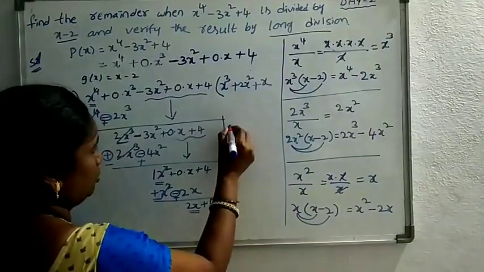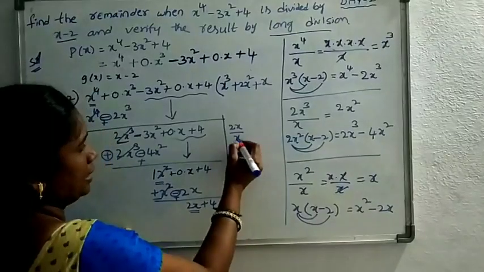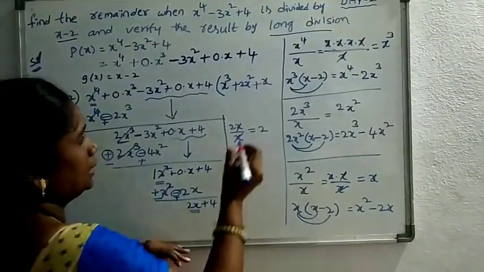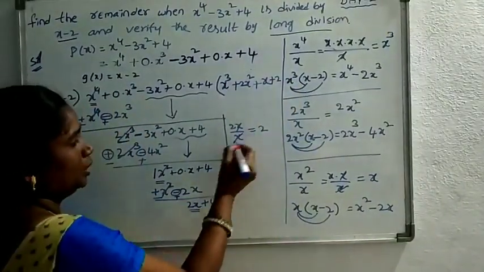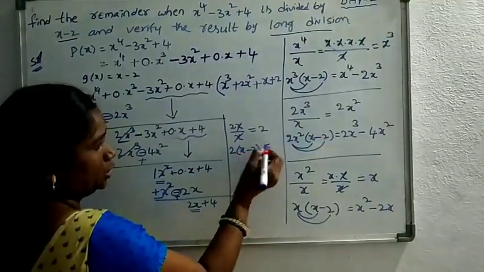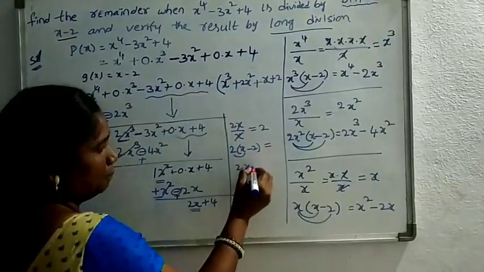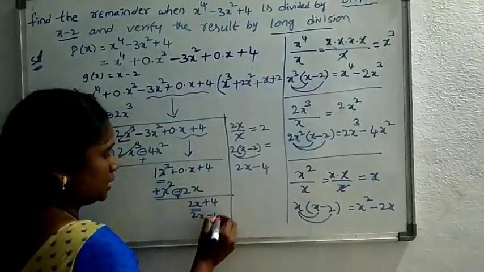So first term of this, 2x, by first term of this, x divisor. X and x getting cancelled and 2 is the remaining and this is our quotient's next term. Now this 2 is multiplied with divisor x minus 2. 2 into x, 2x, minus 2 twos are 4. Now this 2x minus 4 is here.